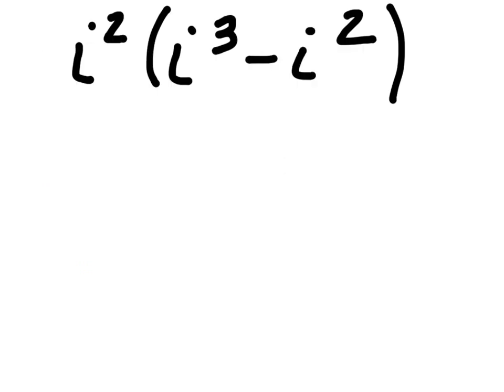Here's example 1. i squared times the quantity i to the third minus i to the second. So we're going to start here. i squared times i to the third. What is i squared times i to the third? i to the fifth.